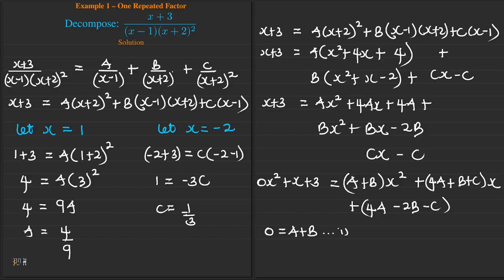This is our equation 1. Then for those with x, we have 1, so 1 is equal to 4a plus b plus c. That is our equation 2. And then for the constant terms, we have 3, which is equal to 4a minus 2b, then minus c. That is our equation 3.